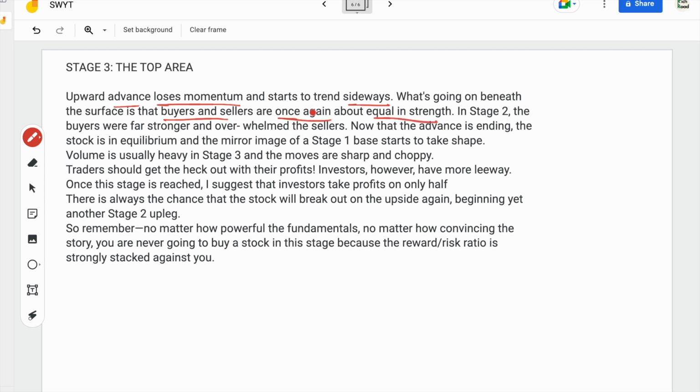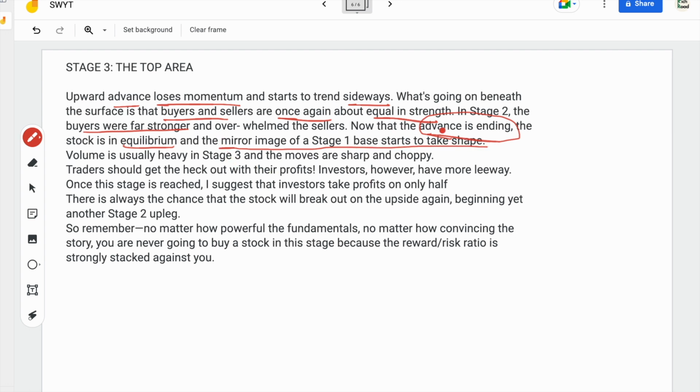He used the words "once again", which means this was said earlier too. Remember? Stage 1. In stage 2, buyers were stronger. Advance is ending. There is a problem here in the book, I'll explain. Stock in equilibrium, we have read this before. And then he finally writes, mirror image of stage 1 starts to take shape.